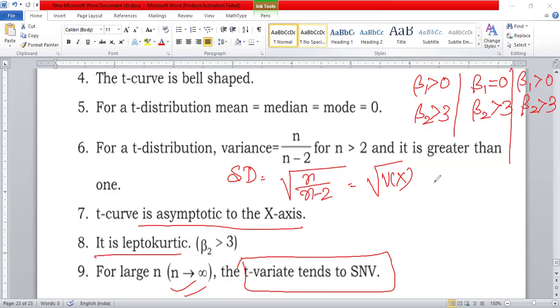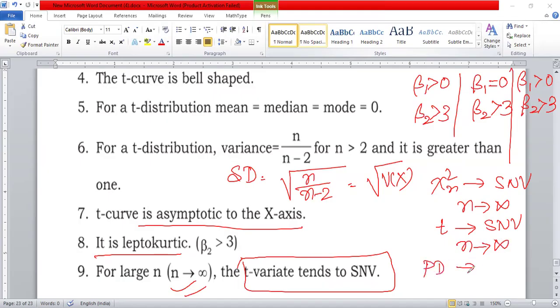The chi-square distribution tends to the standard normal variate when n tends to infinity, and the t distribution tends to the standard normal variate when n tends to infinity. The Poisson distribution tends to normal, with parameter lambda, when lambda tends to infinity. Yes, this is the most important one.